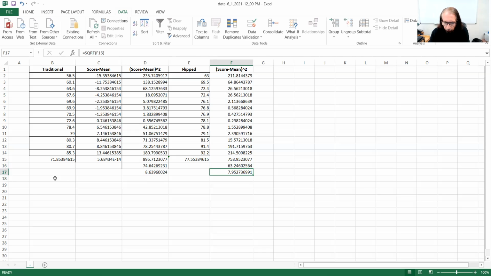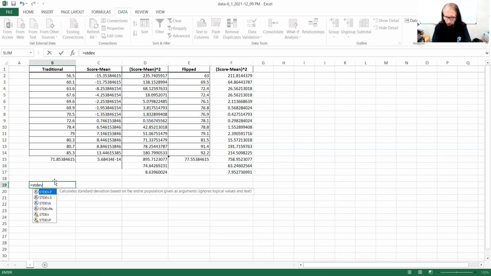Now, on the other hand, without doing any of those extra columns, the way to get Excel to come up with the standard deviation more quickly, type an equal sign, STDEV, period, S, and then parentheses, the column and row you want to start at, colon, the column and row you want to end at.